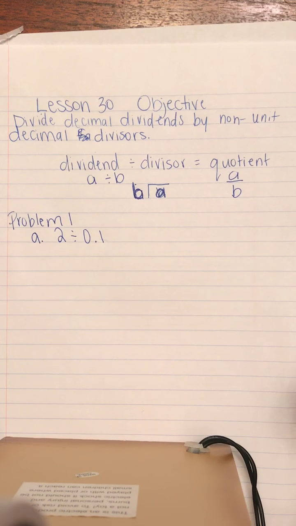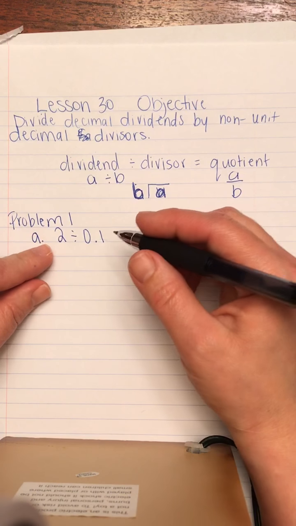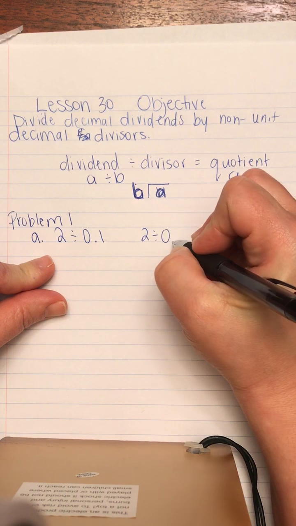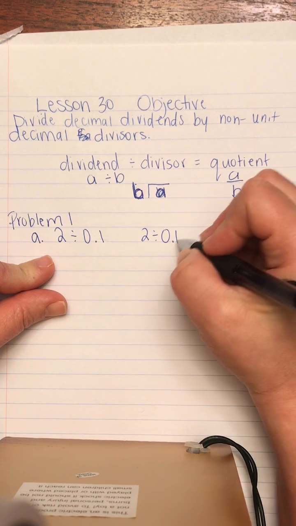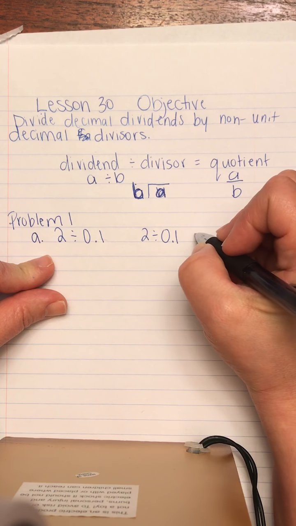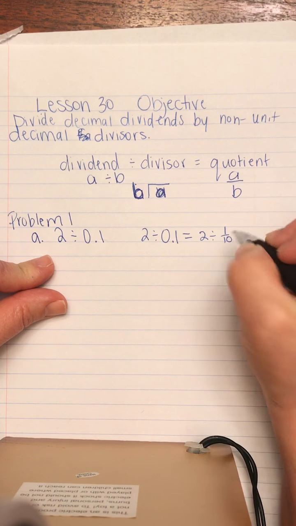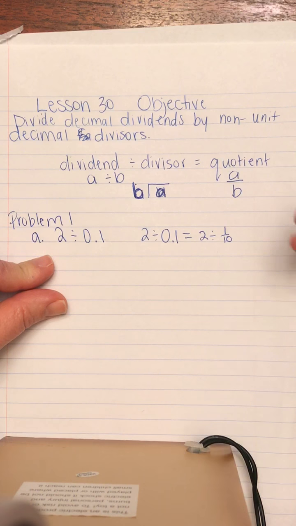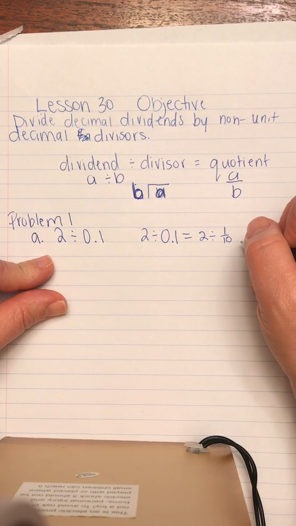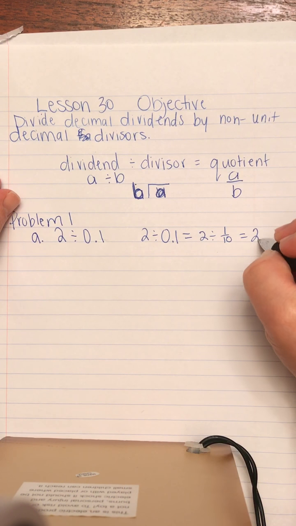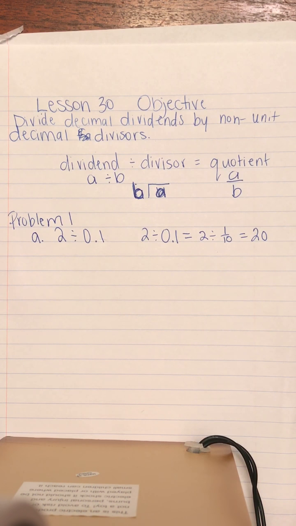So yesterday in our lesson, we took the 2 and we changed that decimal to a fraction. And because we've become mathematical experts at dividing a whole number by a fraction, we just learned that the answer, the quotient, was going to be 20.